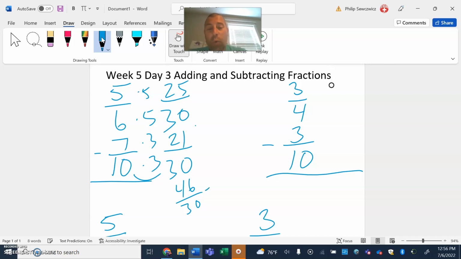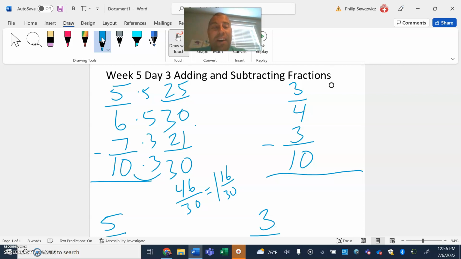And if you simplified, let's see what you did. You can take one group of 30 out of 46. It leaves me with 16 left over. Now, we can actually do more simplifying here. We didn't really get into this, but remember, you can simplify a fraction if you can divide them both by the same number. So what can you divide 16 and 30 by? Well, they're both even numbers. 2 could work here.